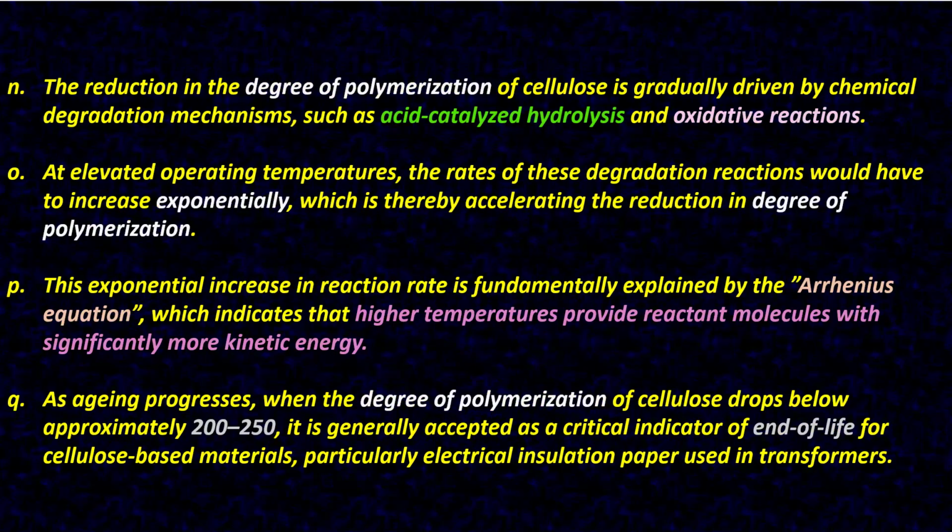A reduction in the degree of polymerization of cellulose is gradually driven by chemical degradation mechanisms such as acid catalyzed hydrolysis or oxidative reactions. At elevated operating temperatures, the rates of these degradation reactions increase exponentially, thereby accelerating the reduction in degree of polymerization.